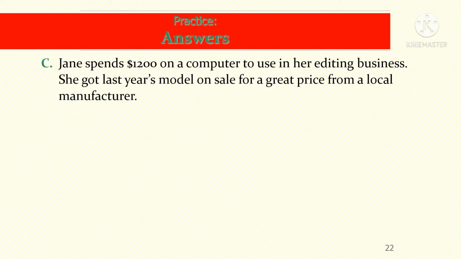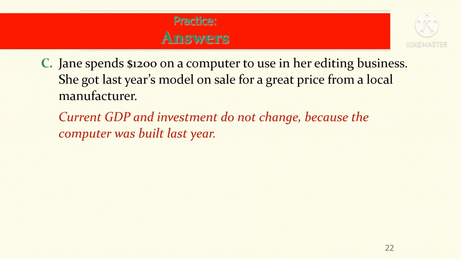But, how about the item, the computer? The current GDP and investment do not change because the computer was built last year. The $1,200 na amount is not counted on the present GDP or current GDP.